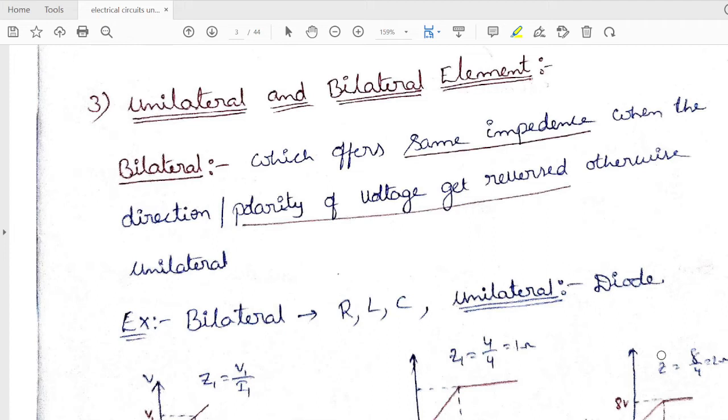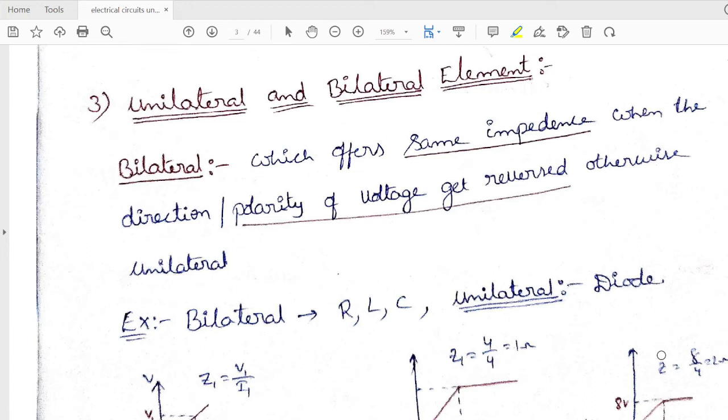If I change the voltage polarity and current direction and calculate the impedance or resistance, if it is a resistive circuit, then the impedance is the same even after changing the direction and reversing the polarity, then that element is said to be bilateral. Otherwise, it is said to be unilateral.